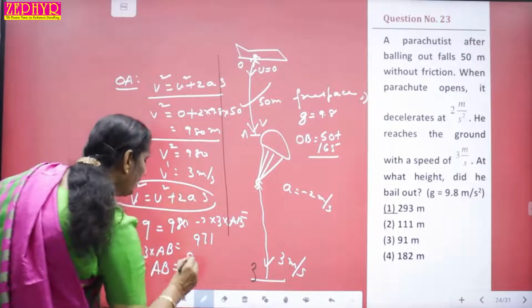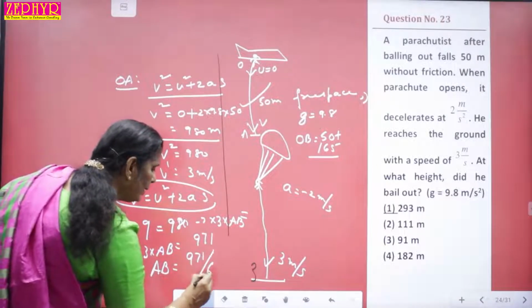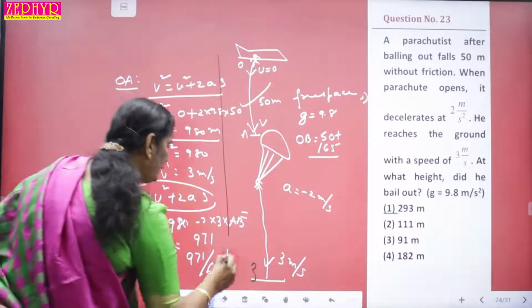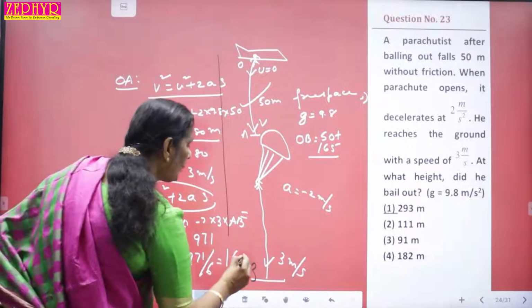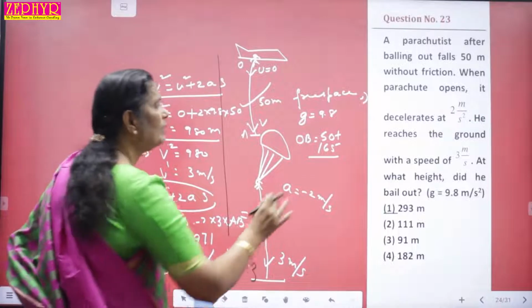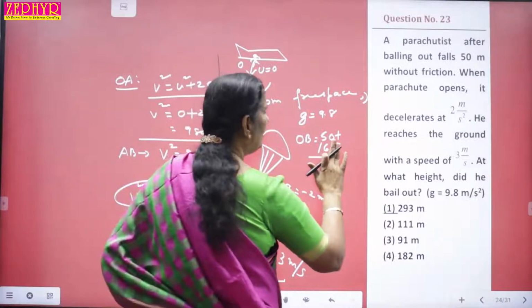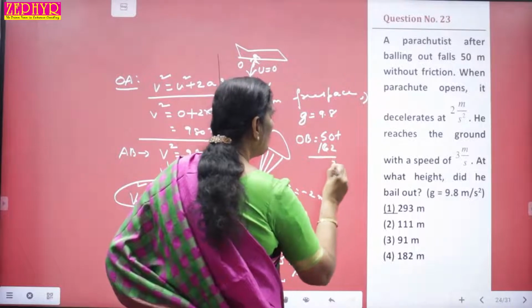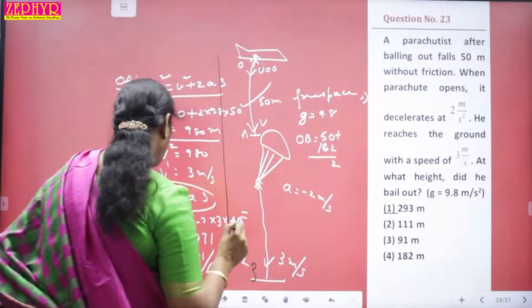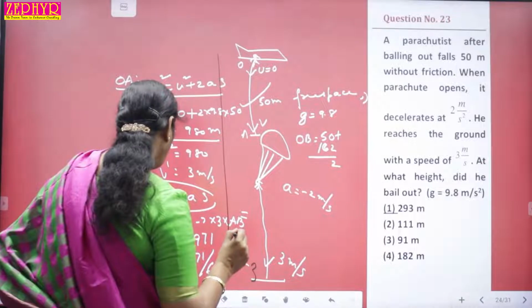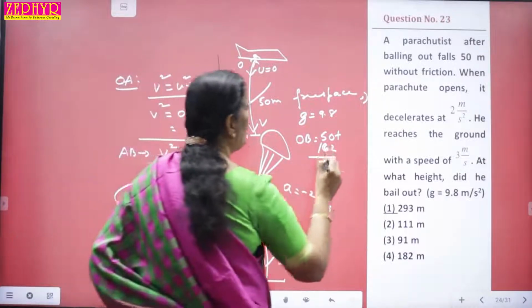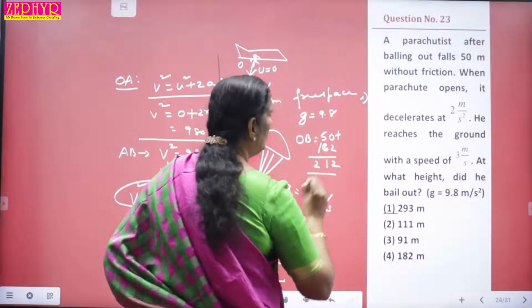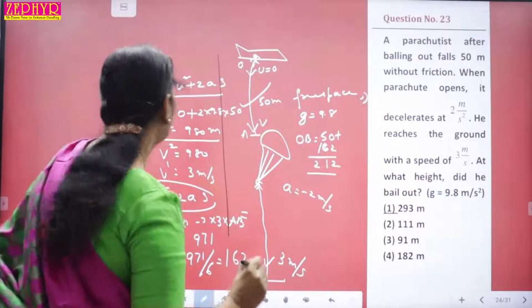So 971 by 6 comes to approximately 162. There is still a slight variation, so I need to check where I made the mistake.